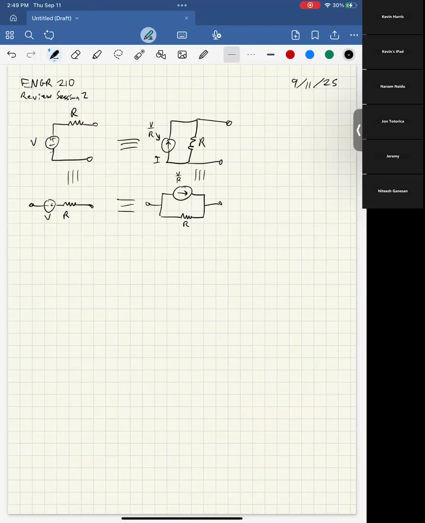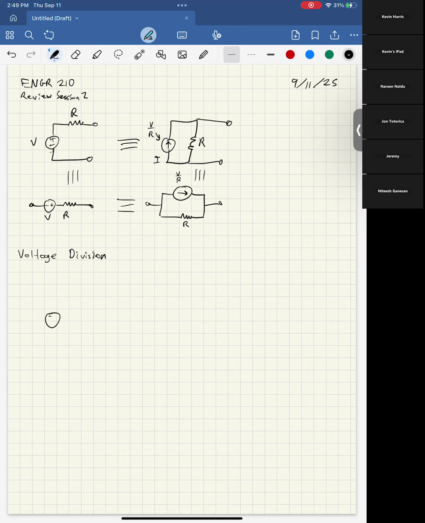Next, I'll go over voltage division. This is kind of a shortcut for a lot of your circuit solving problems. If you understand this well, there's a lot of questions in this class that you can probably just do in your head, and it makes your life a lot easier.